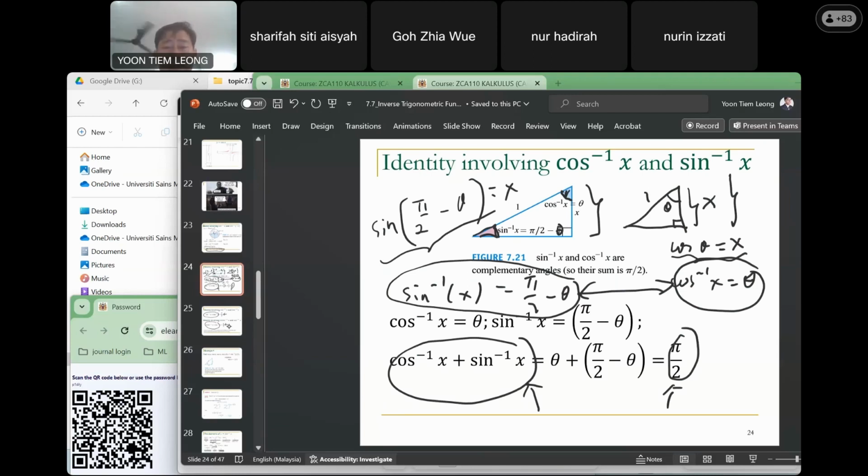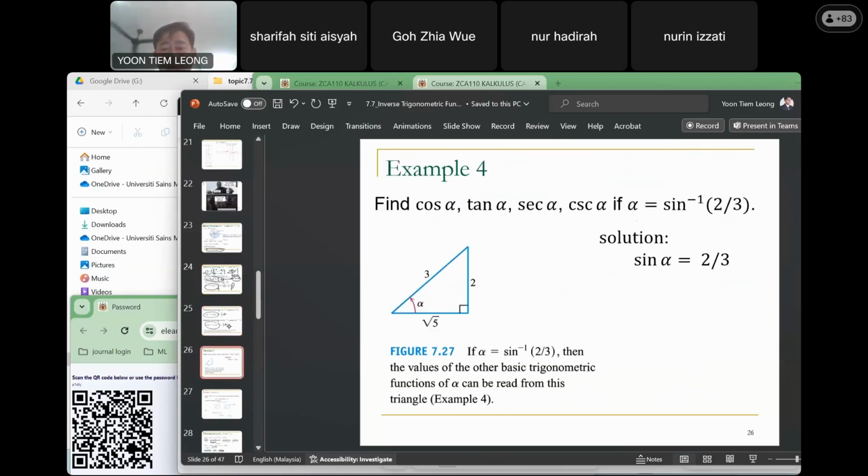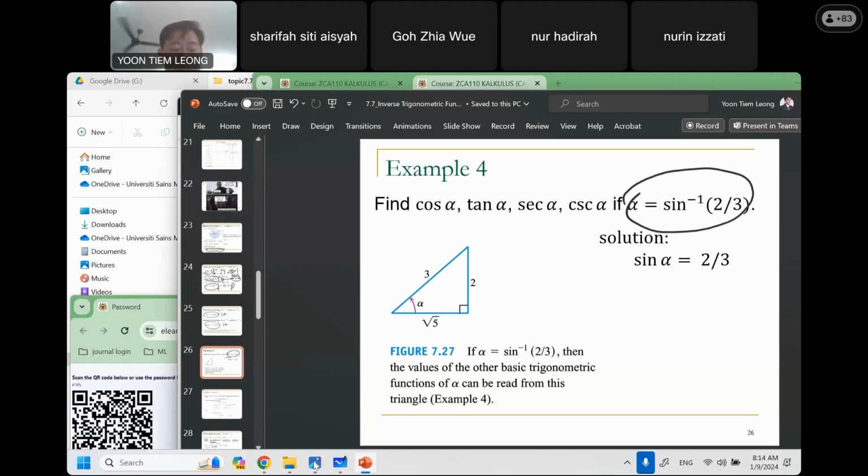The next thing I want to discuss is example 4, which is calculating the angle. You are given the angle in terms of arcsine of 2 over 3, and you're asked to find cos, tangent, secant, and cosecant of alpha. So let us try to do this quickly.